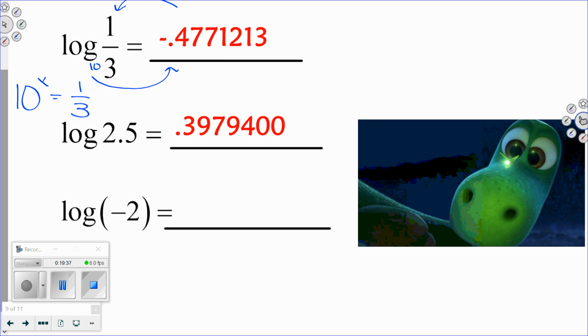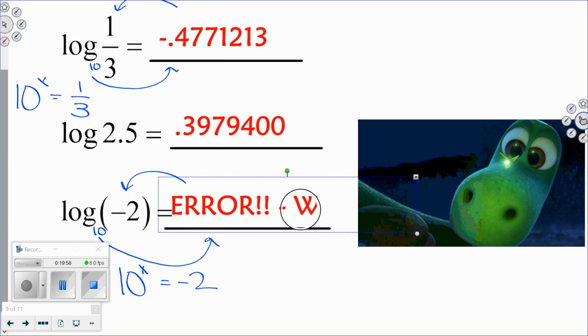And this next one, take a look at what it's asking. It's asking you 10 to what power is negative 2? Can you raise a positive number to an exponent to turn it negative? I can't. So on this one, that is why your calculator gives you the error, domain error, some kind of message on it.